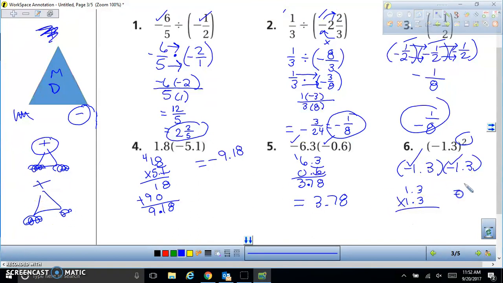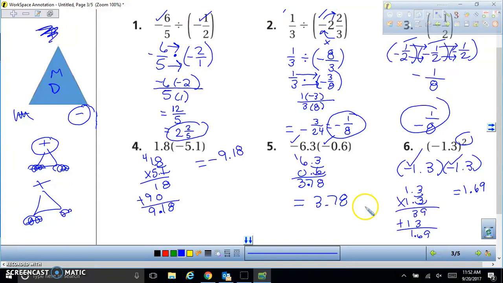So it's going to equal a positive number. 3 times 3 is 9. 3 times 1 is 3. 1 times 3 is 3. 1 times 1 is 1. 9, 6, 1, 1, 2 decimal places, and 1.69.